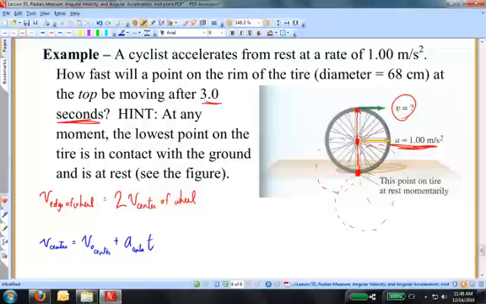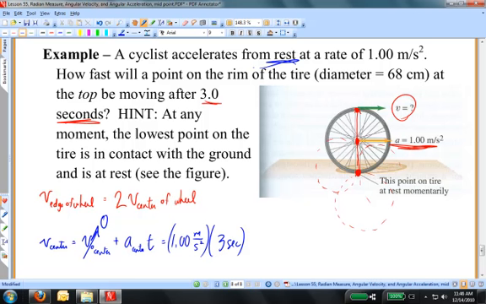Now I know what the acceleration of the center of the wheel is. It's 1 meter per second squared. If I am starting from rest, in other words, I'm not moving at all, then I can figure out what the speed of the center of the wheel is. I can just put in the numbers.